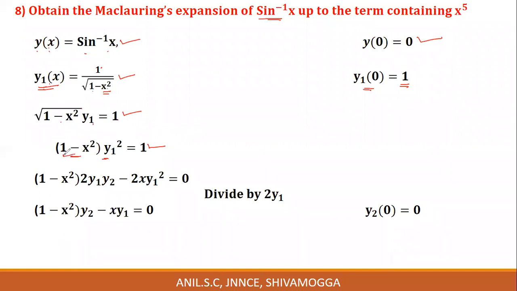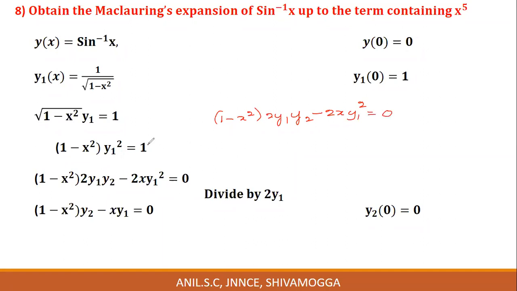This is to be treated as the first function and this one as the second function. Let's differentiate. 1 minus x square into the derivative of y1 square, which is 2y1 into the derivative of y1, denoted by y2. And the derivative of 1 minus x square is minus 2x into y1 square. This is equal to 1 is a constant, its derivative must be 0.